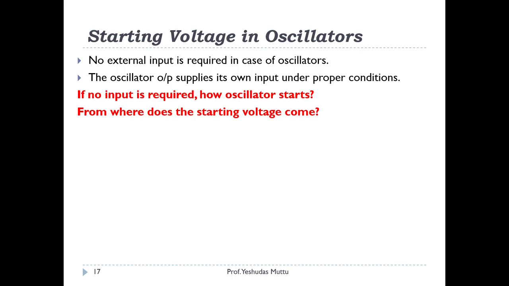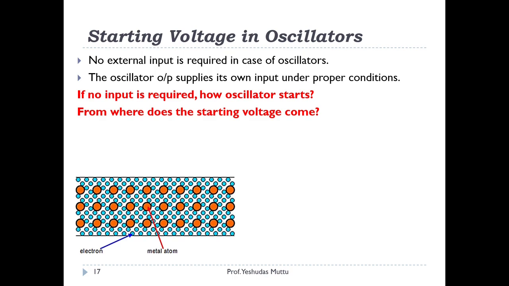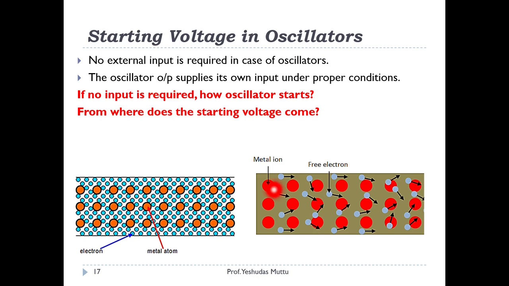To understand, we know that in the oscillator circuit itself, there is an amplifier, right? And in the amplifier, there are some resistors. Since there are resistors, we know that resistors have some electrons. Imagine a resistor which has atoms and some electrons around. At room temperature, what happens to these electrons?